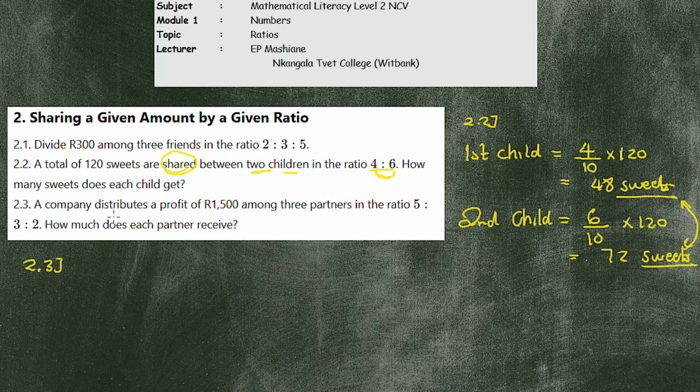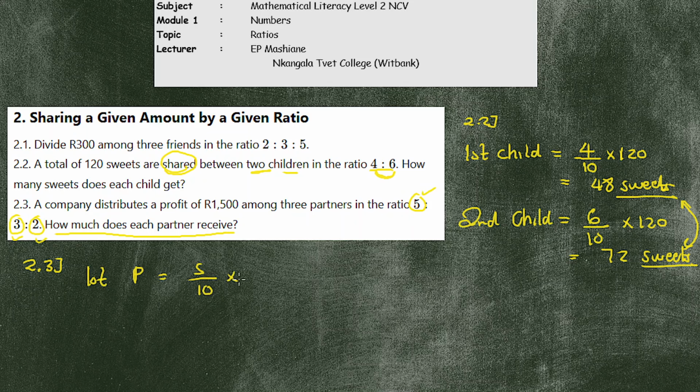2.3, a company distributes a profit of 1,500 among 3 partners in the ratio of 5 to 3 to 2. How much does each partner get? First partner equal to 5 over, that's 10, because it's 5 plus 3 plus 2, that's 10.